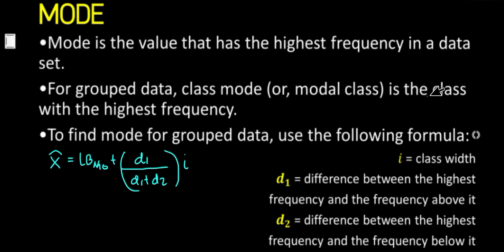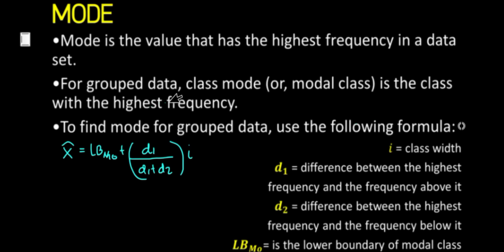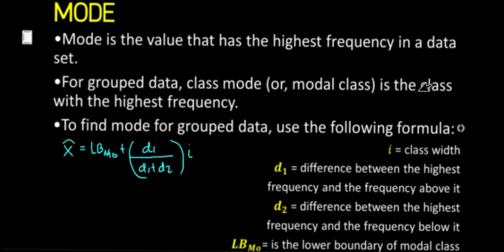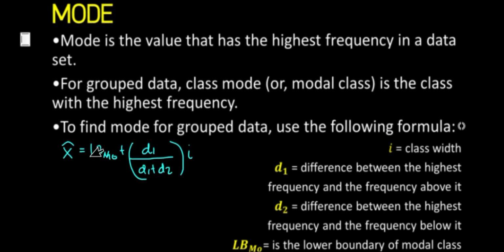Ngayon naman is mode naman yung hahanapin natin. So, we all know that mode, yun yung may pinakamataas sa frequency sa dataset. So, for group data, meron tayong tinatawag na modal class. So, yung modal class is the class with the highest frequency. So, kailangan nating hanapin yun. Pag nahanap natin yung modal class, pwede na natin makompute yung mode.